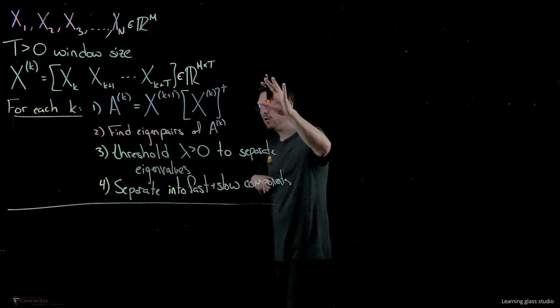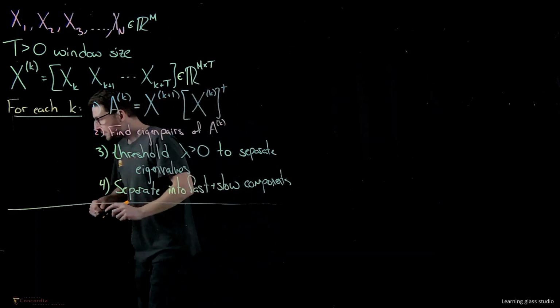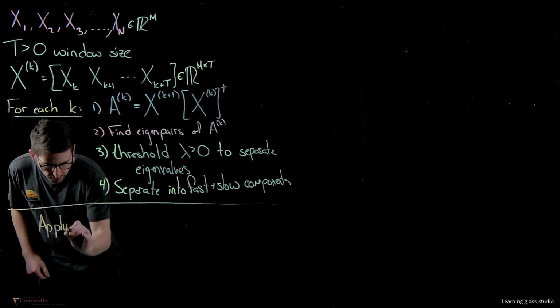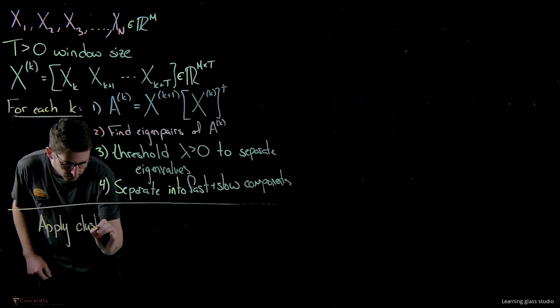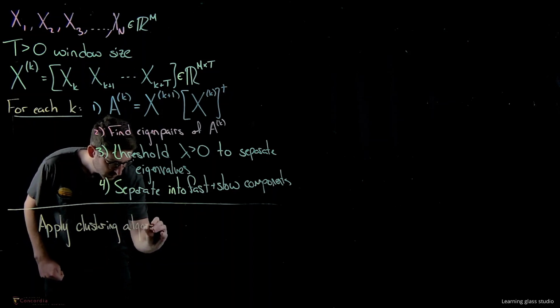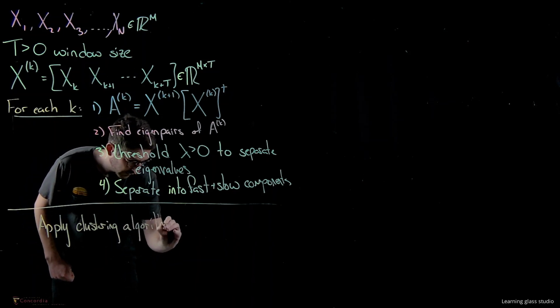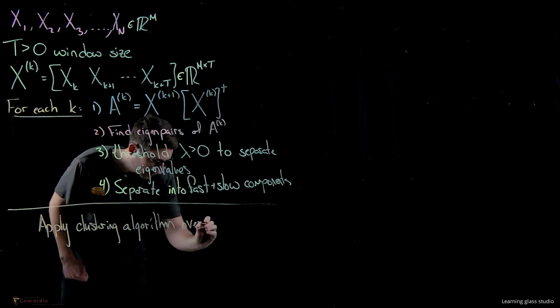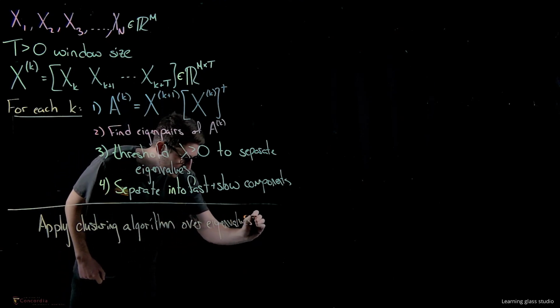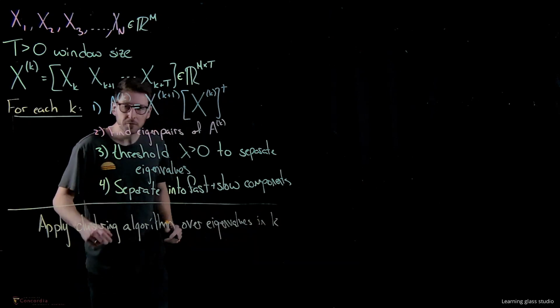So for example, you could apply a clustering algorithm over eigenvalues in K, right? So think about what's happening here.